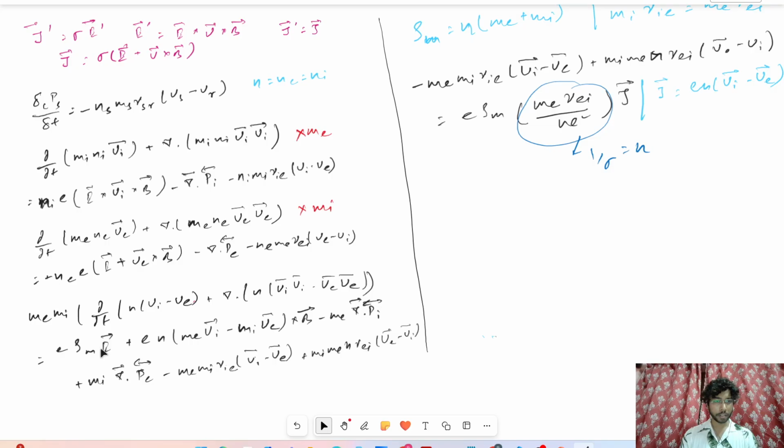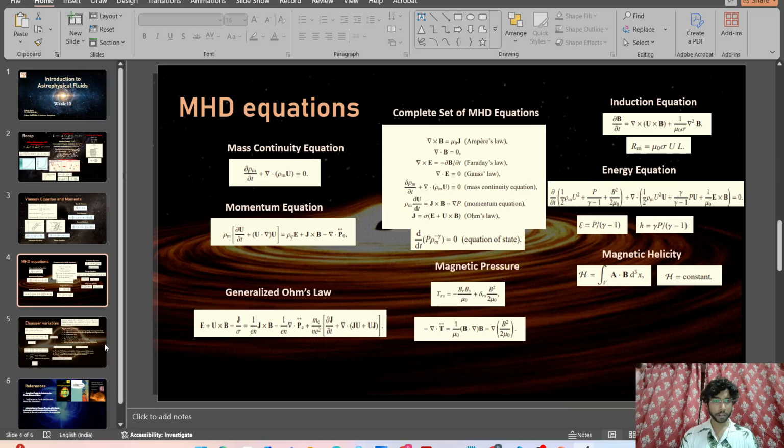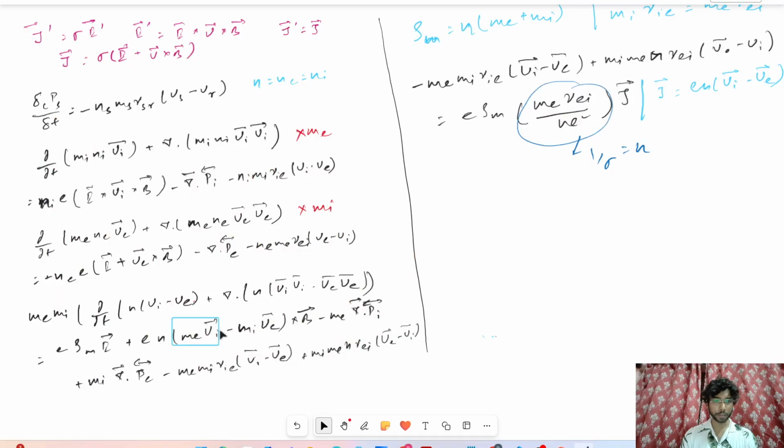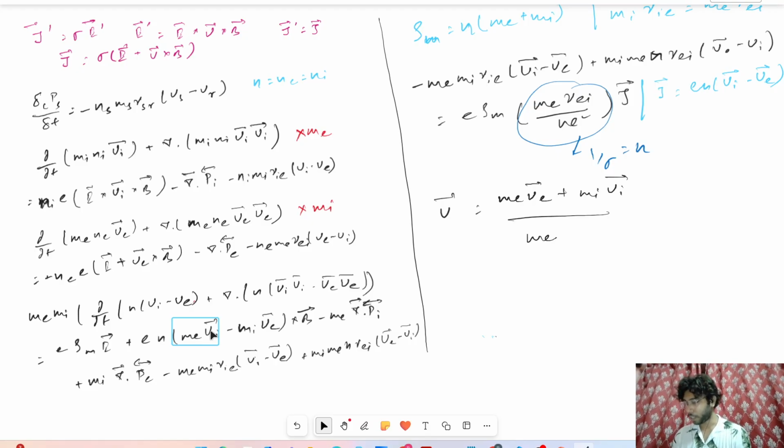So if you also see there is E, right? So E is there, and then there is U cross B. So this term will somehow reduce to U cross B. And how? That's because U, the fluid velocity, is defined as MeUe plus MiUi, simply the formula for the center of mass velocity. So when you have two fluids, well, you can consider electrons and ions as separate fluids, and you have two particles of masses me and mi moving at velocity ue and ui.